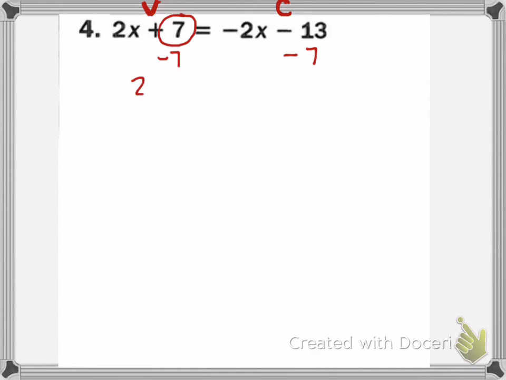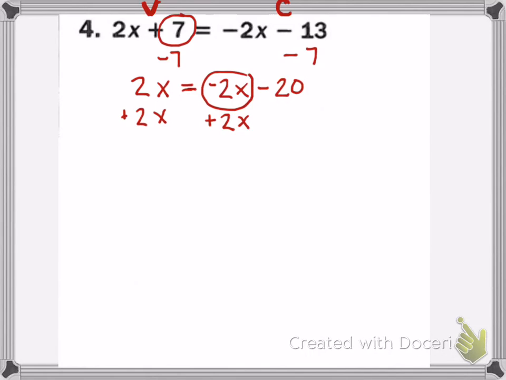That gives us 2x on the left, and then on the right we have that negative 2x, and that would give us minus 20. Now on the right we have the constant of negative 20, but this is the variable term and we don't want that on the constant side. So we're going to add 2x to get rid of the negative 2x.